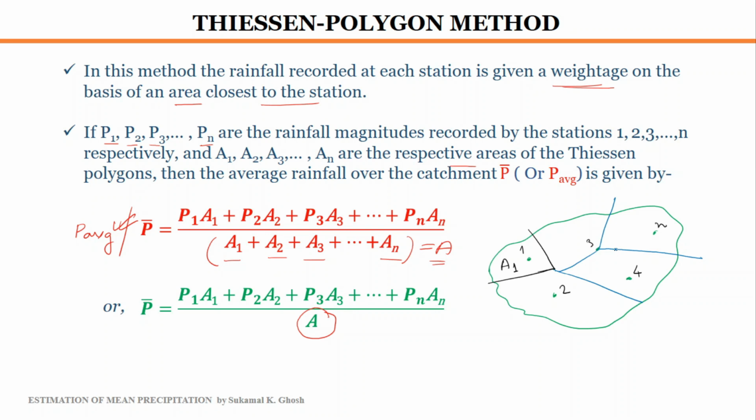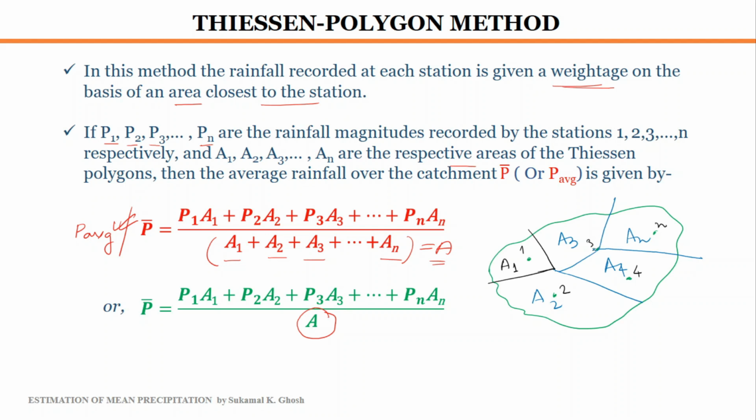So in this way, every rain gauge station will have a weighted area. So this is the area for rain gauge station 3, so this area is A3, this area is A2, this area is A4, this area will be An.